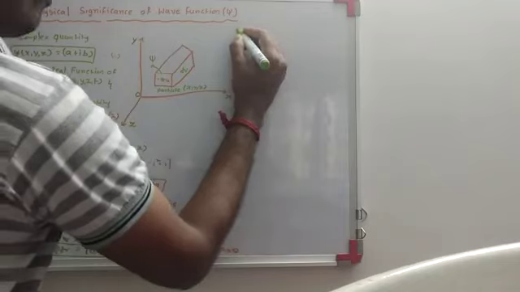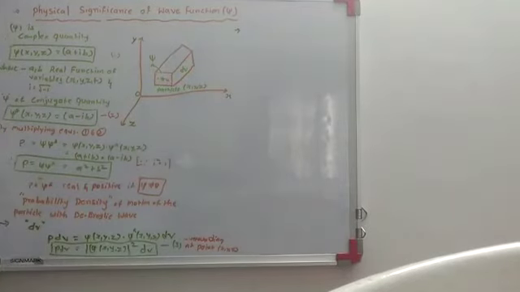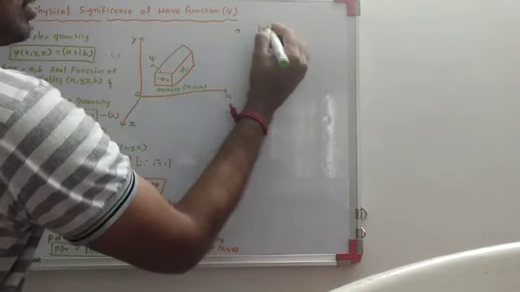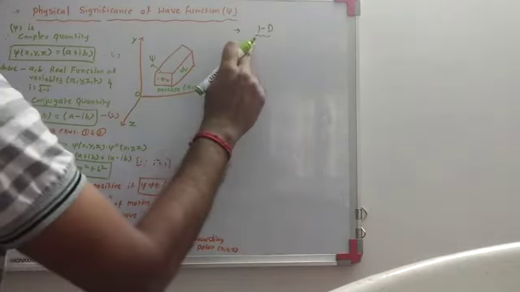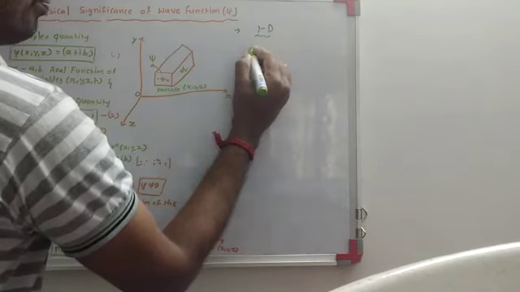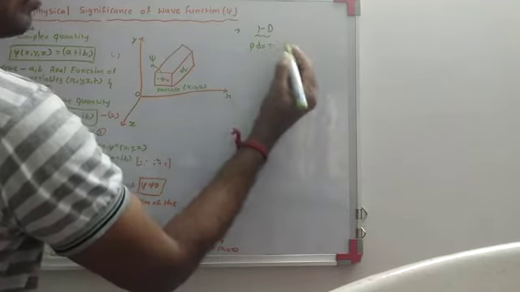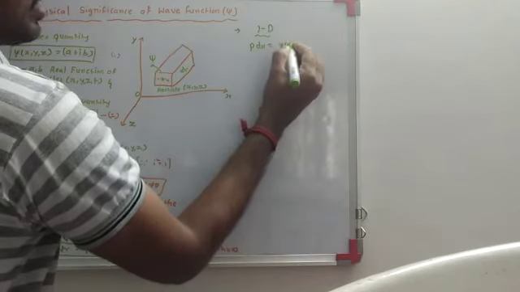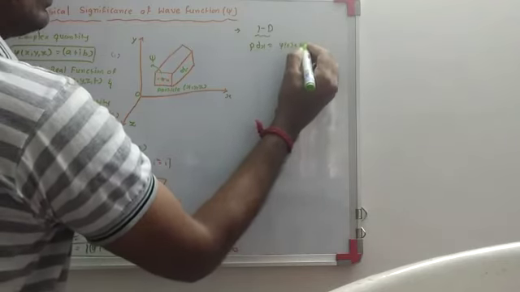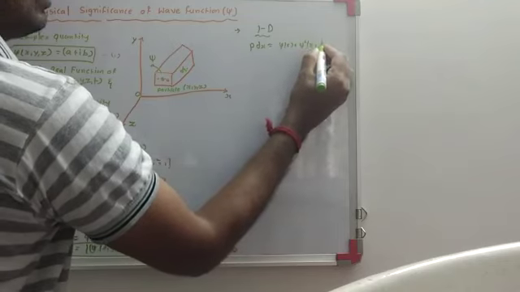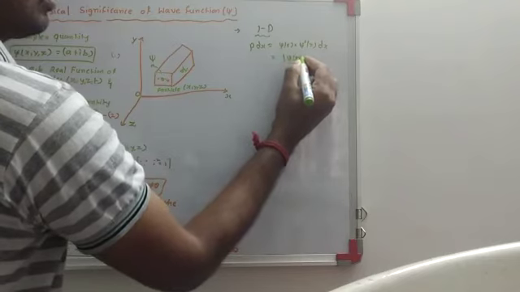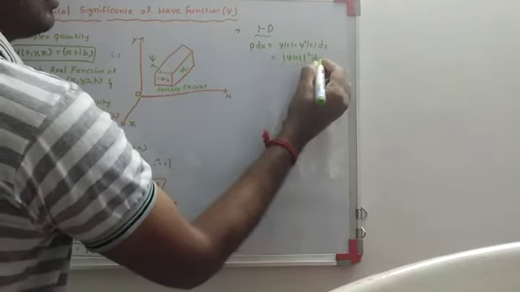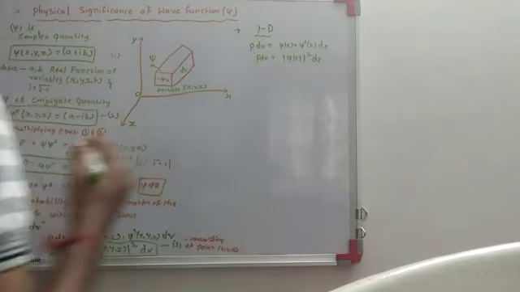Next, when the motion of the particle is in one dimension, that is P dx equal to psi of x into psi star of x dx, that equals modulus of psi of x whole square dx.